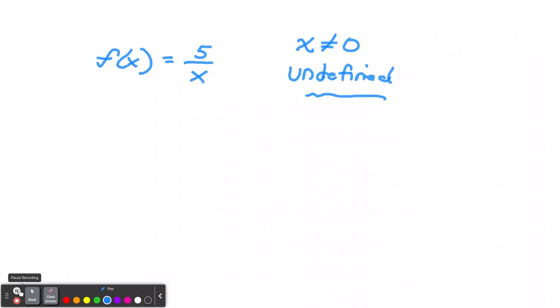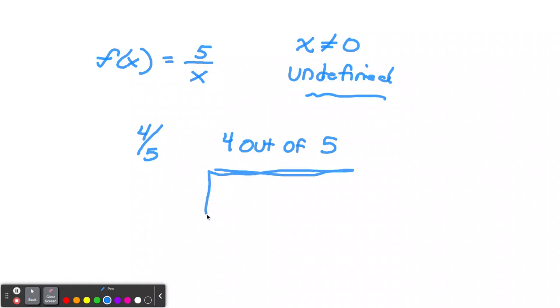In case you don't remember, in case no one actually told you why it's undefined, think about a fraction like 4/5. You're saying you have 4 out of 5, whatever they are. If you made a model of it, make a little box here. We had 1, 2, 3, 4.